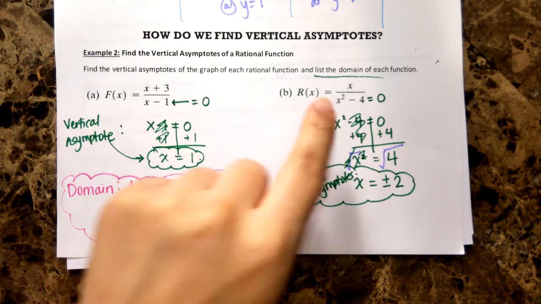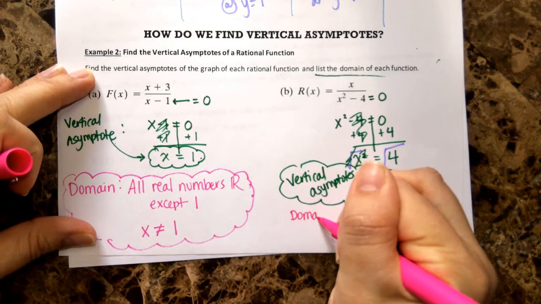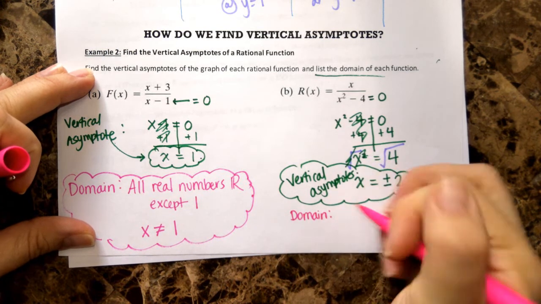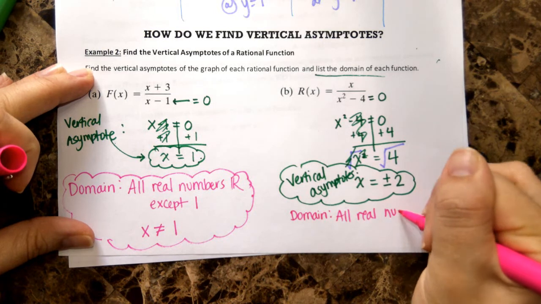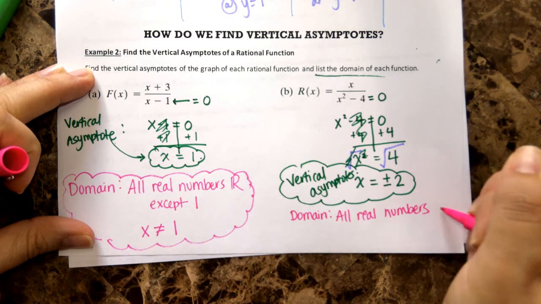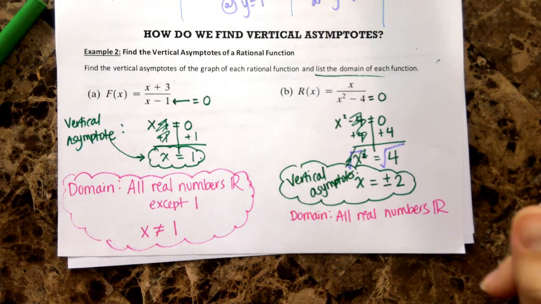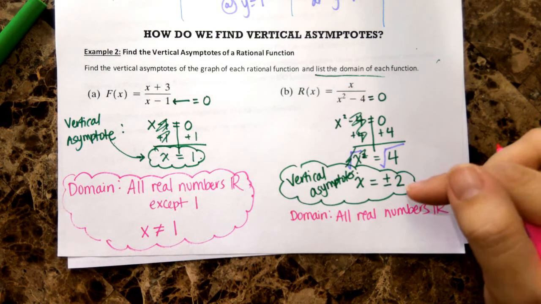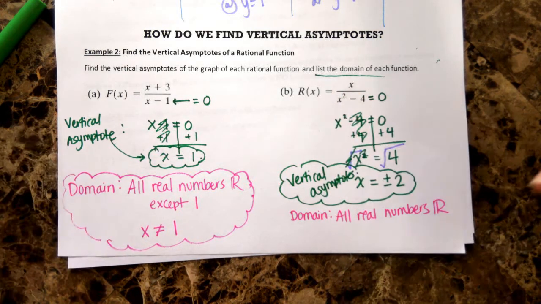Okay. The second part says also list what the domain is. Now the domain is pretty much all real numbers. Just means you can plug in any number you want. We're assuming any number will work if you want to plug in for x to this function, except what numbers can we not plug in? Well, we can't plug in 2 or negative 2, because if we try to, it's going to give us a denominator of 0.